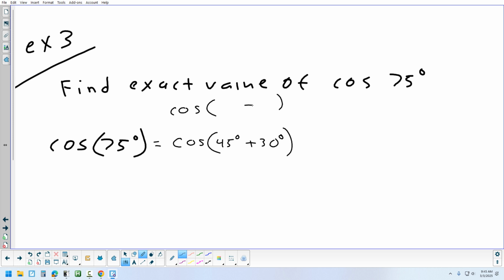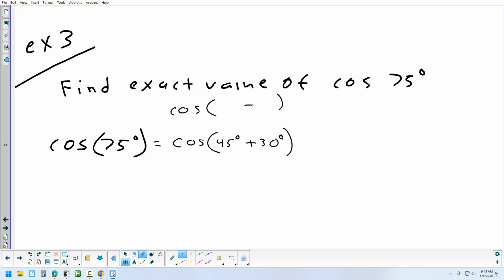Let's see how you could write 75 as a difference of two numbers. Yep. Could you do 135 minus 60? Yep, exactly. You could do 135 minus 60, and you would get the same result.